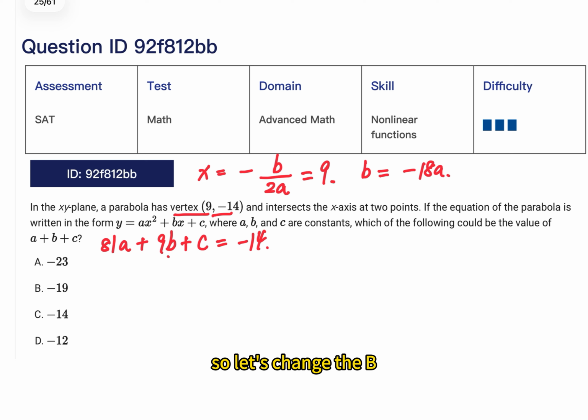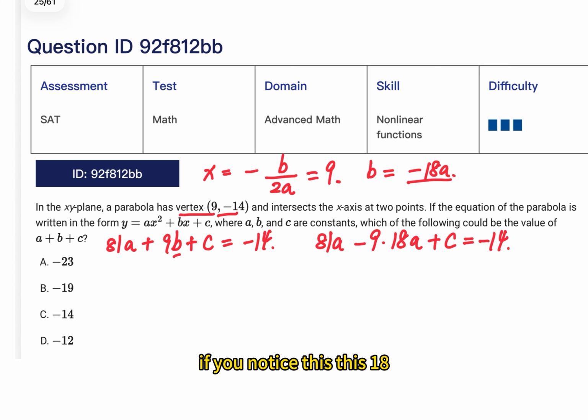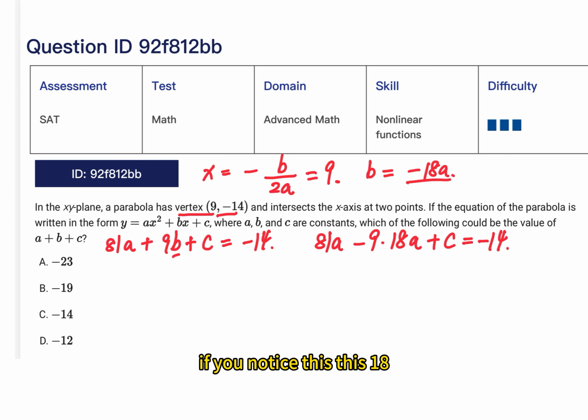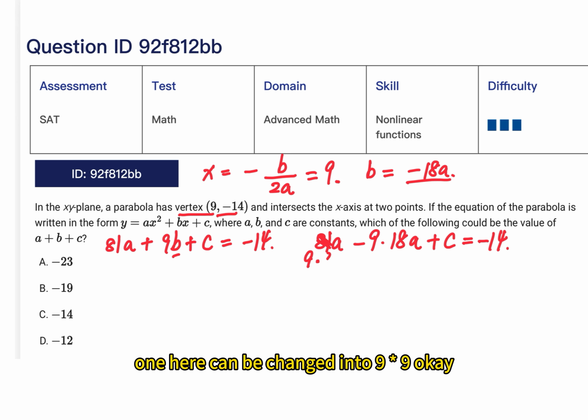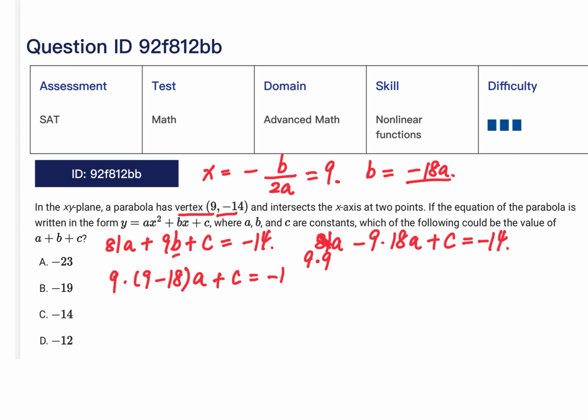So let's change the b into -18a. That is 81a - 9 times 18a + c = -14. If you notice, the 18 here can be changed into 9 times 9, which we can combine as 9 times (9 - 18)a + c = -14.